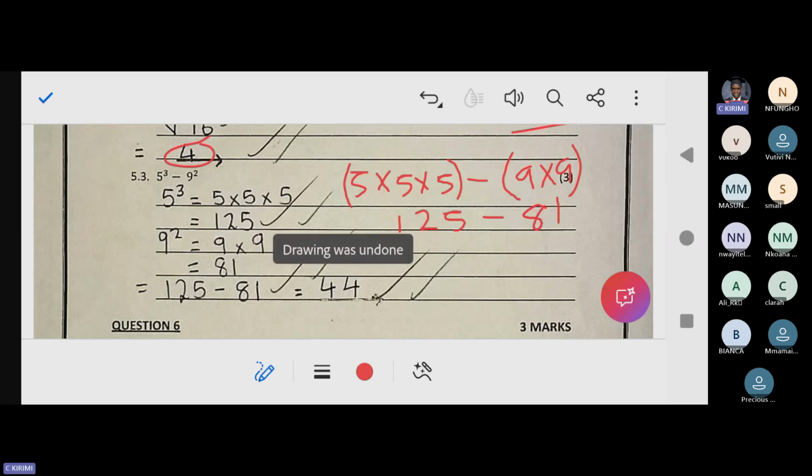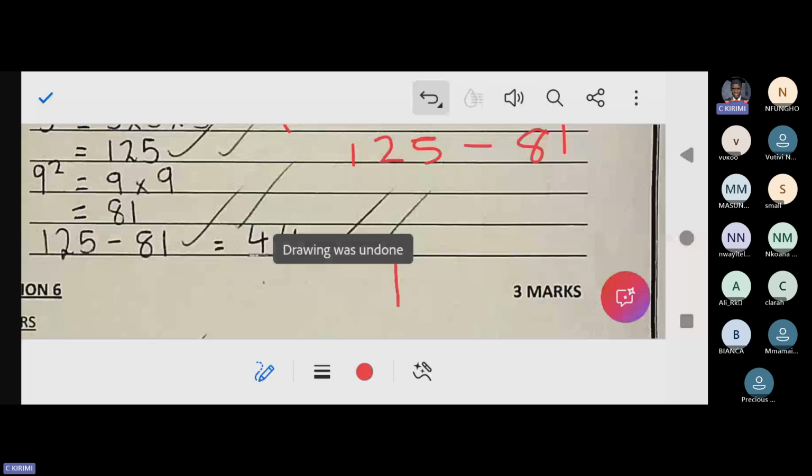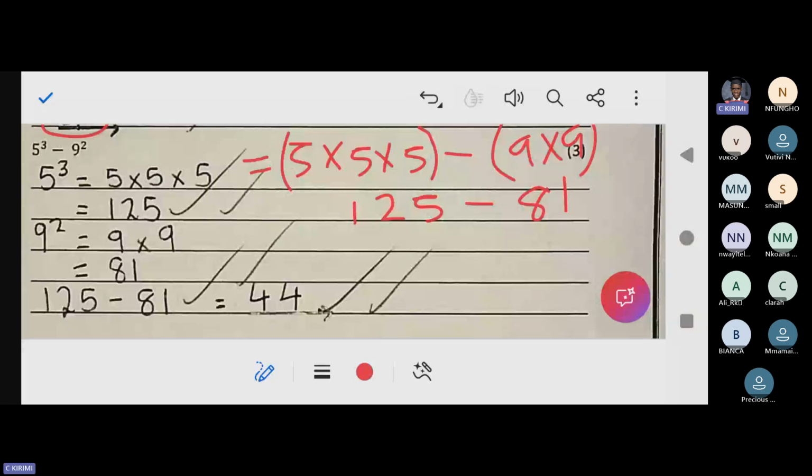So when you subtract, you use your vertical column method. What does the vertical column method say? We are saying 5 cubed minus 9 squared is equal to this. So you use your vertical column method, which is 125 minus 81, like that.